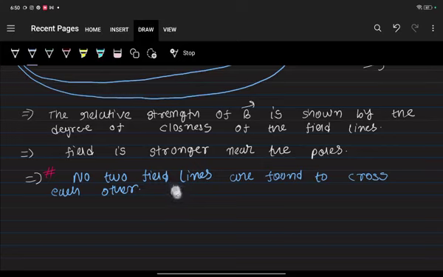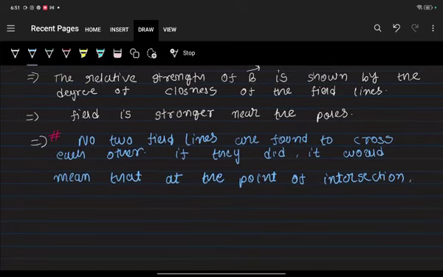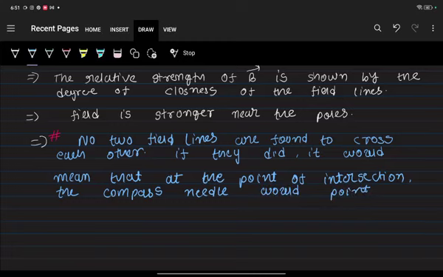If they did, it would mean that at the point of intersection, the compass needle would point towards two directions, which is not possible.